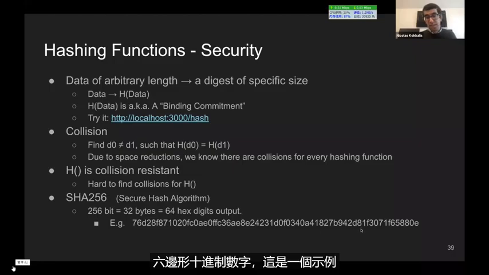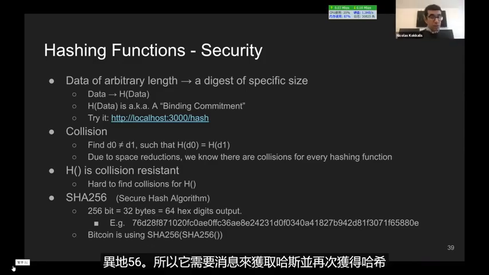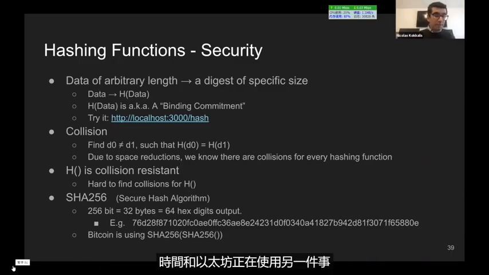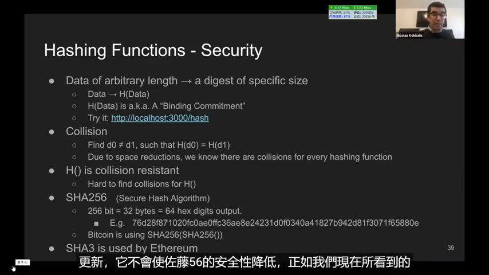This is an example of a SHA-256 hash. Bitcoin is actually using SHA-256 of SHA-256: it takes the message, gets the hash, and gets the hash one more time. And Ethereum is using another function called SHA-3, but despite the fact that it is newer, that doesn't make SHA-256 any less secure, as we will see right now.